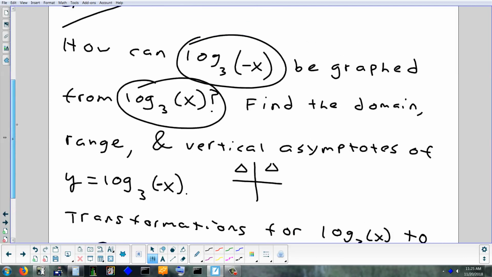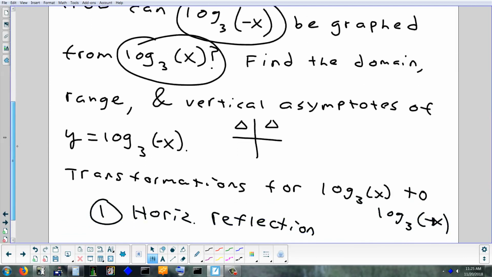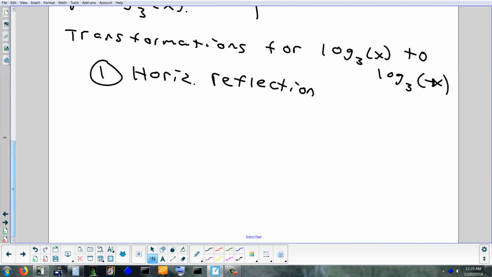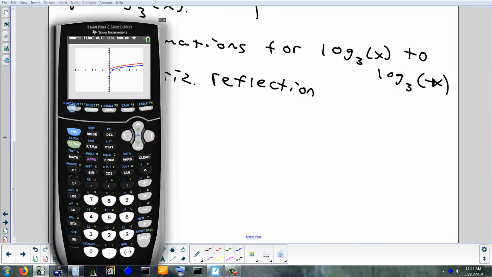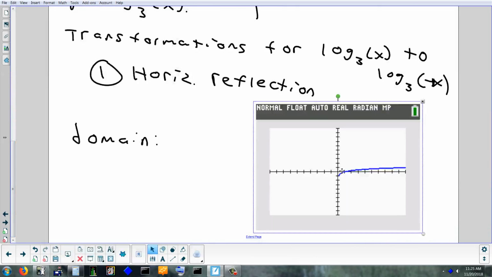Now, find the domain, range, and vertical asymptotes. Okay, let's start with the domain. Well, we just graphed the log problem before. Let's graph another log. This time I'm just going to graph log of x. And is that how the graph should look?